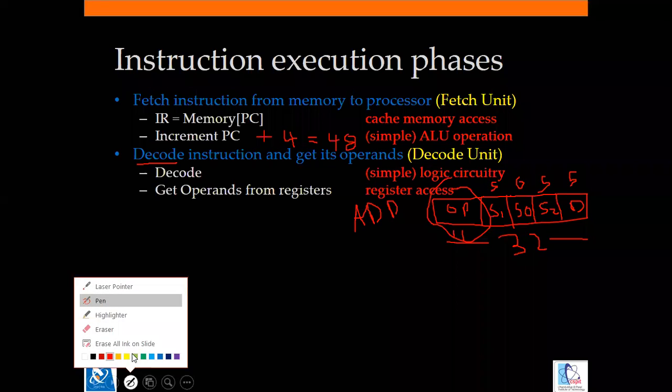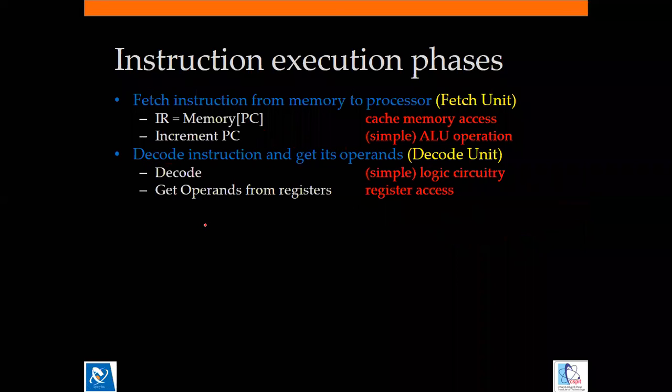This is the second phase of instruction execution. So far we have discussed the first phase, which is fetching the instruction from main memory into the register called IR. The second is decoding, understanding the instruction and getting its operand locations.